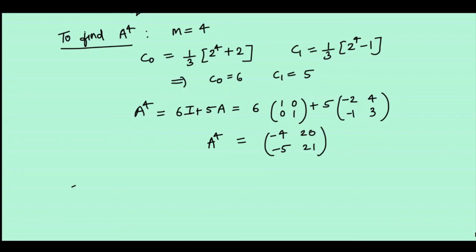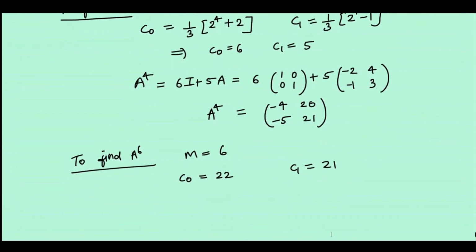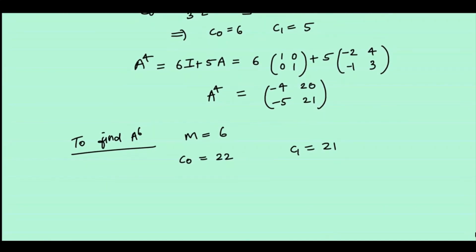Similarly, if we want to find A raised to 6, what we have to do is put m equal to 6. In the same way, we will get C0 equal to 22 and C1 equal to 21. So A raised to 6 is equal to 22I plus 21A.